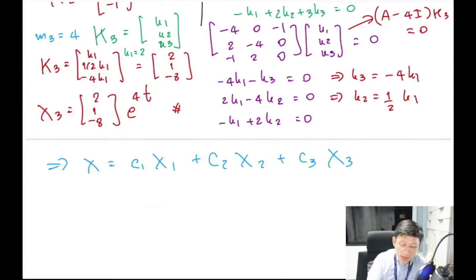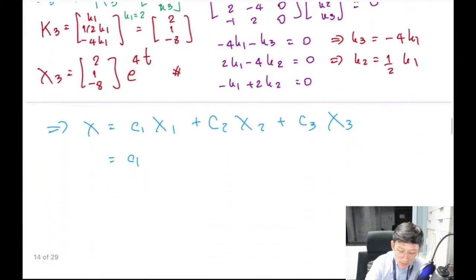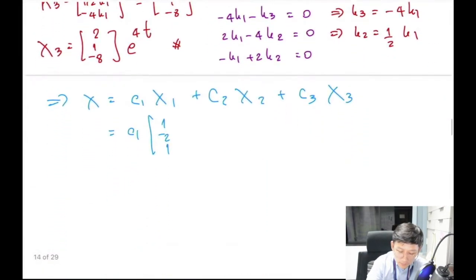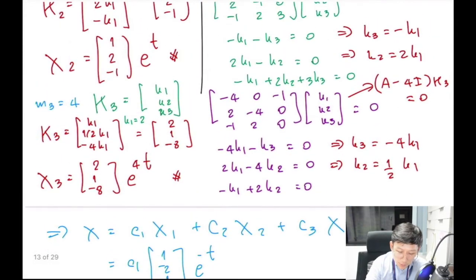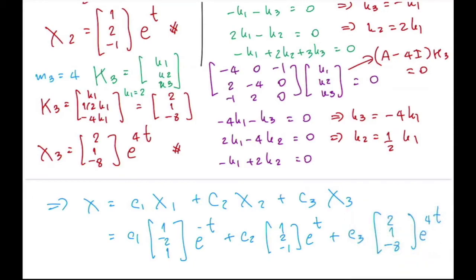Okay, so we have here c1 x1 is 1, minus 1, 1, minus 2, 1 e to the minus t, and x2 would be plus c2 1, 2, minus 1 e to the t plus c3 2, 1, minus 8 e to the 4t, and that is the solution.